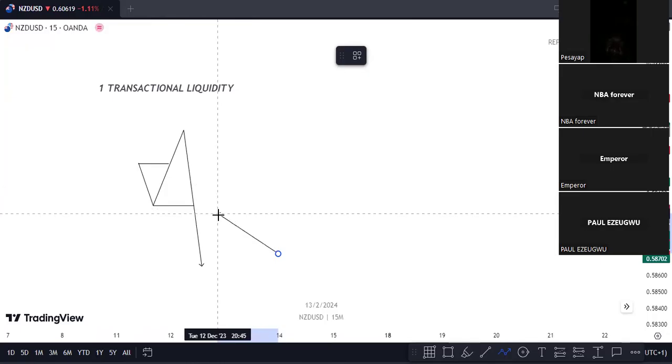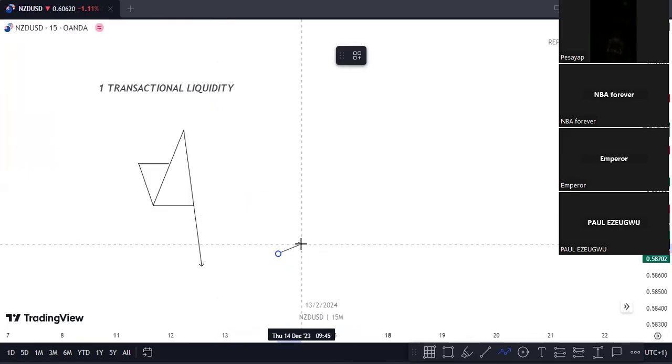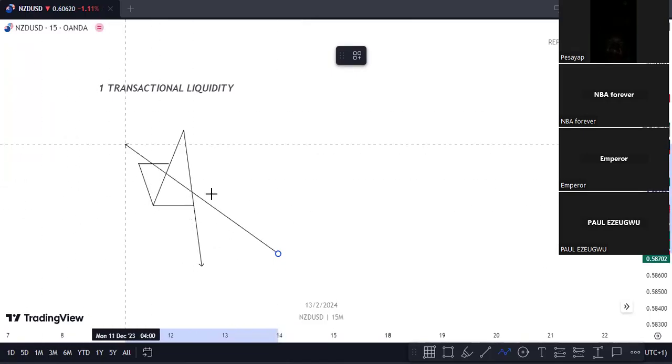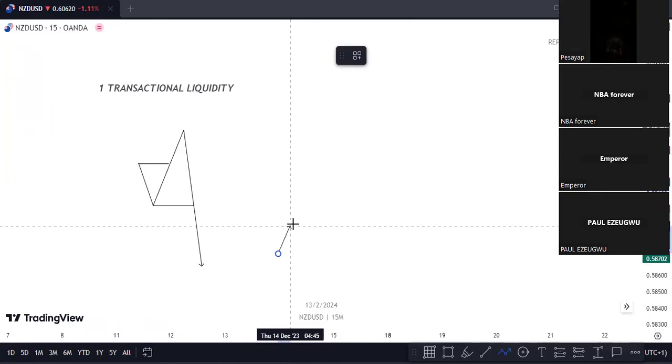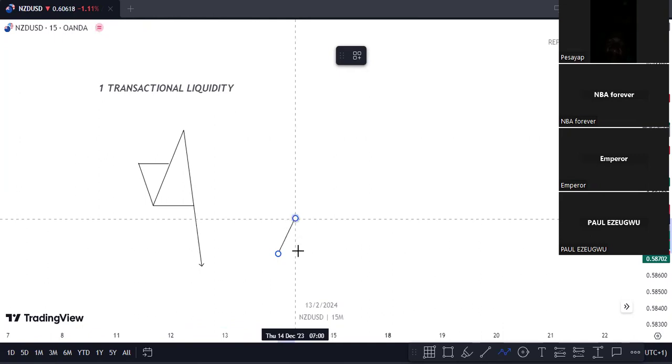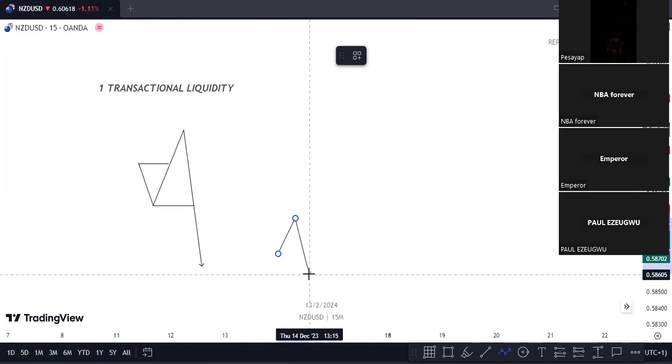Are you guys getting me? Yes, sir. Okay. So that is that about the transactional liquidity. This is a bullish example of transactional liquidity.